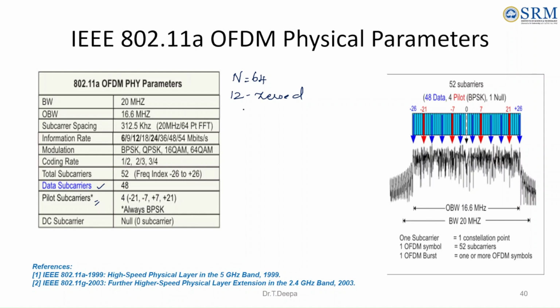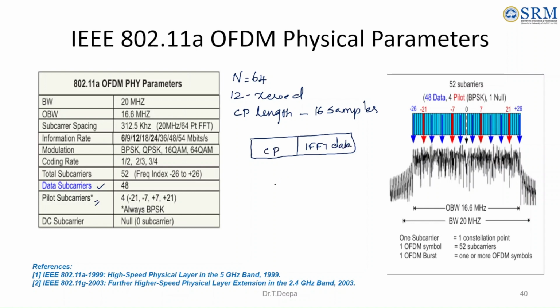Okay, coming to the cyclic prefix length. The cyclic prefix length is 16 samples. The total number of samples associated with an OFDM symbol: the OFDM symbol structure consists of the IFFT data, the actual data subcarriers, and the cyclic prefix.